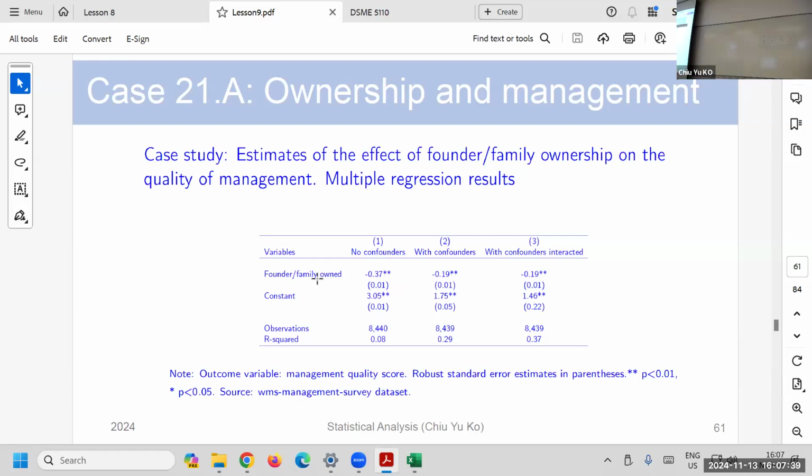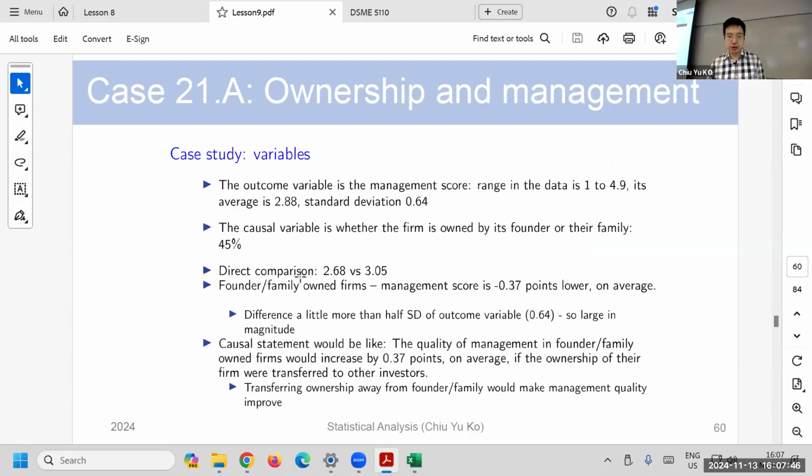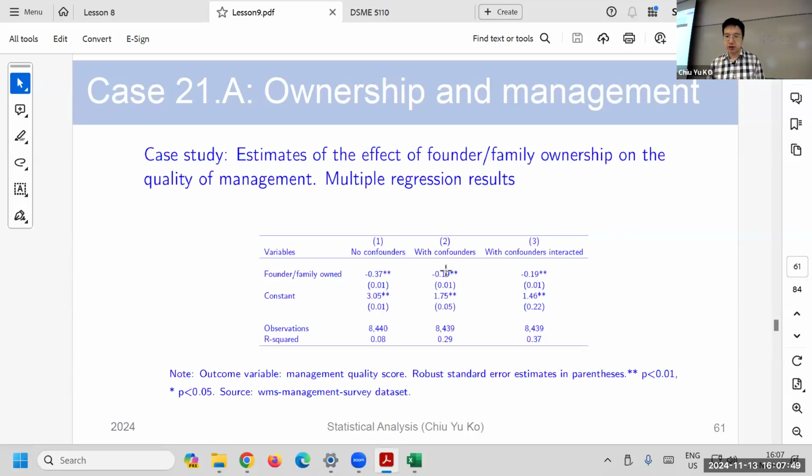But if you include some confounders, like culture, business, competition, all these variables, then it goes down. And if you include interaction terms, it goes down further. That means the confounder is actually affecting whether you are family owned.